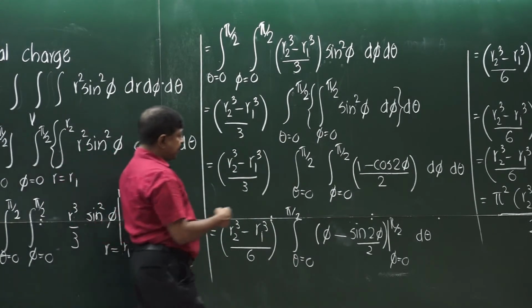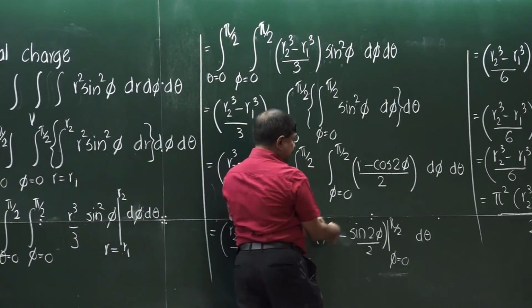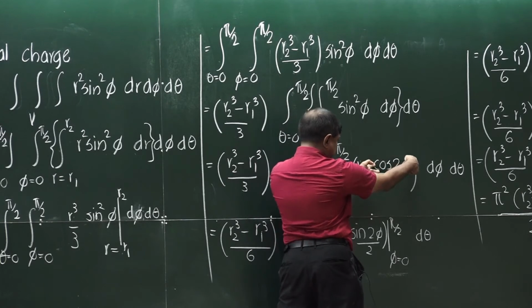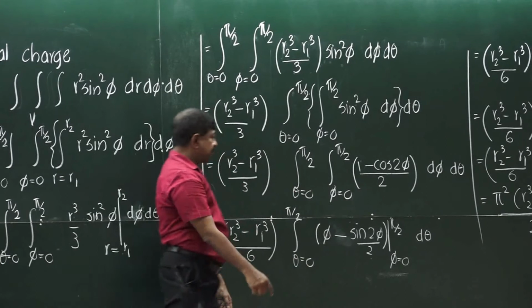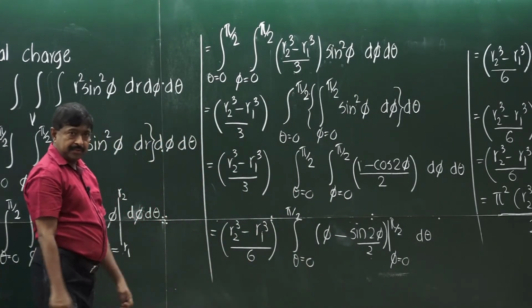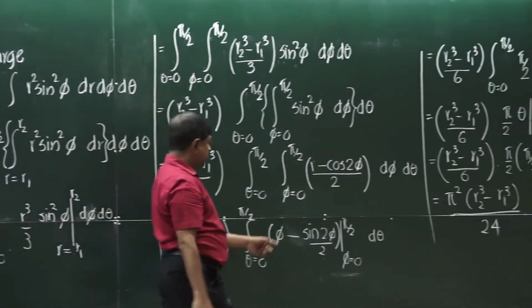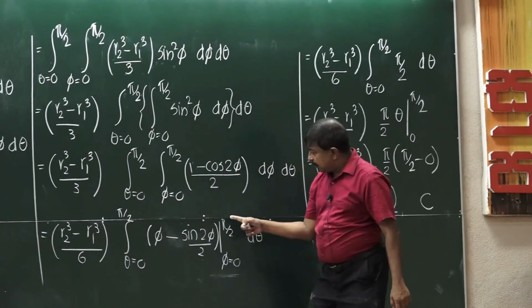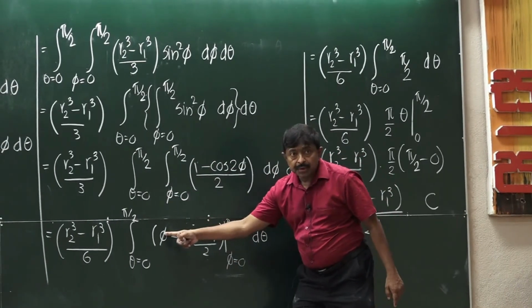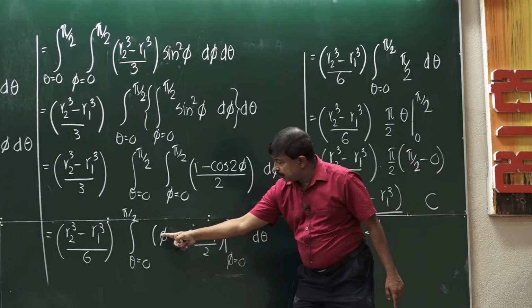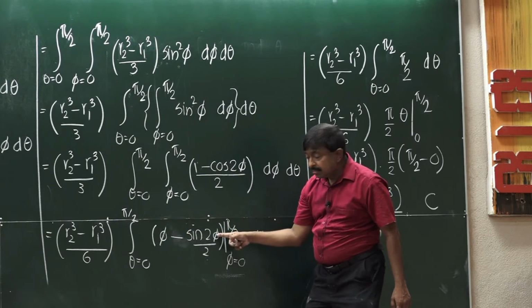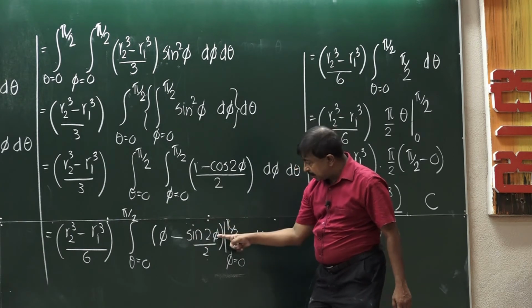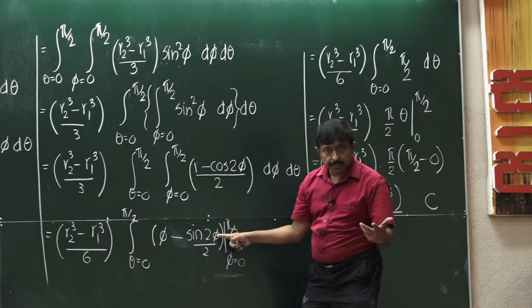Now, when you integrate that, 1 gives you phi, cos 2 phi gives you sin 2 phi over 2. Now, you plug in the limits. Here, this is what you get. When you plug in pi by 2, here you get pi by 2, but when you plug in pi by 2 in the second term, you get sin pi, which is 0.